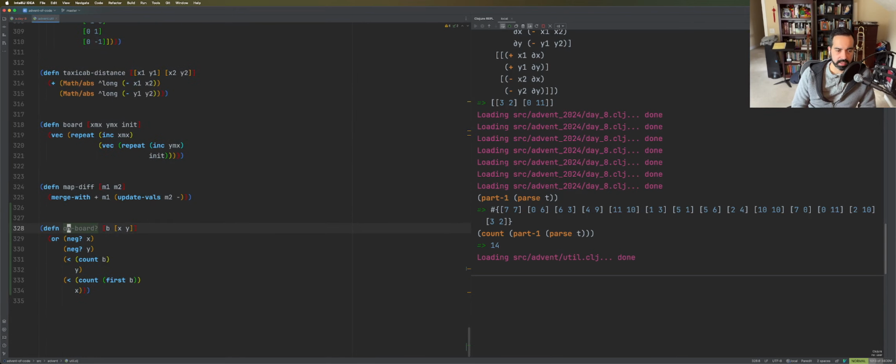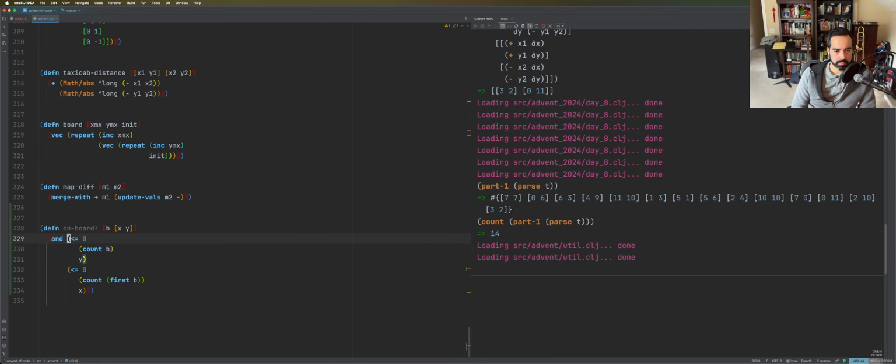This is not on board. This is not going to be particularly fast. I'm going to put a star here, for star means inverted indices.